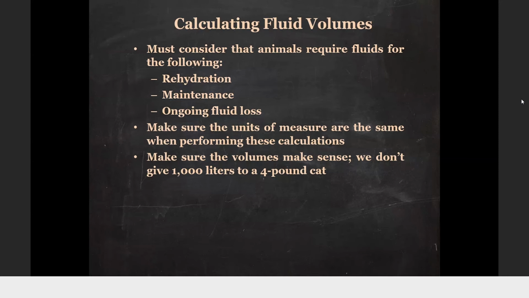For example, the owner managed to actually tell you, yesterday my cat vomited like 20 mils of water, or had diarrhea like 100 mils of water. Okay, that one we can actually put into consideration.